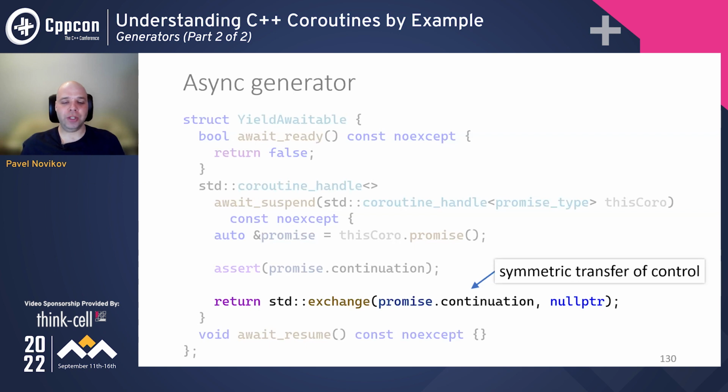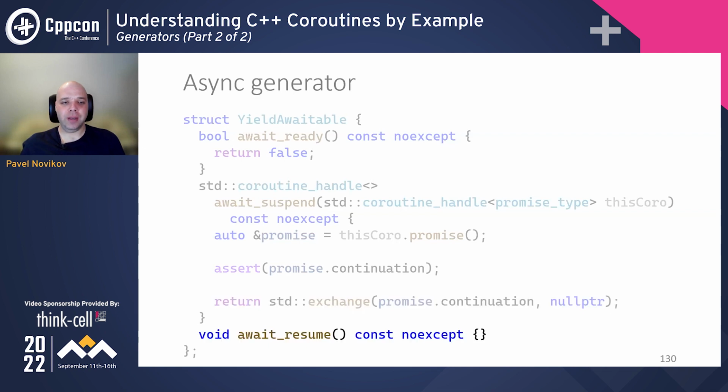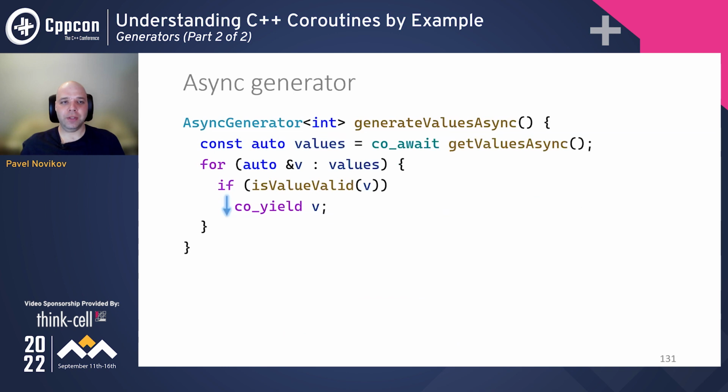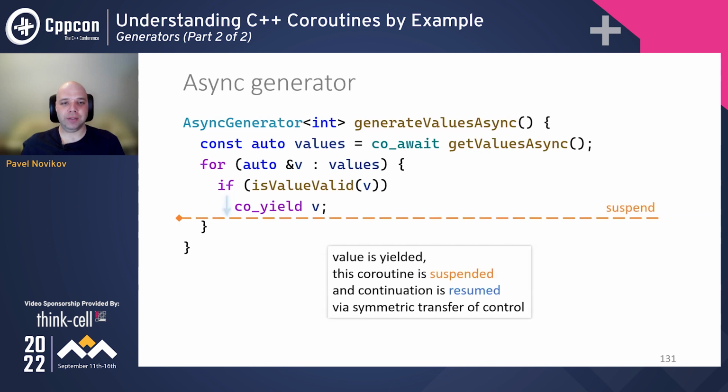This is the same continuation that was set by waiting on the next awaitable. And again, await resume does nothing. And this is kind of how it works. When we co-yield some value, it suspends this coroutine, the generator coroutine. The continuation that waited for the next value is resumed via symmetric transfer of control.